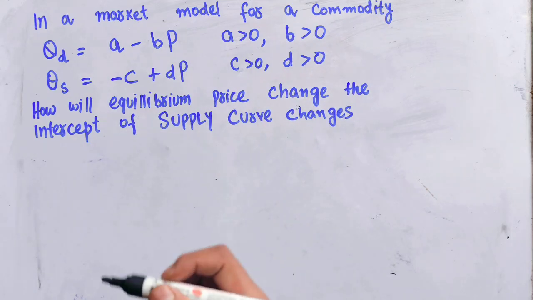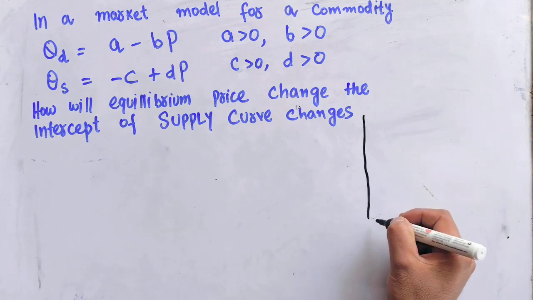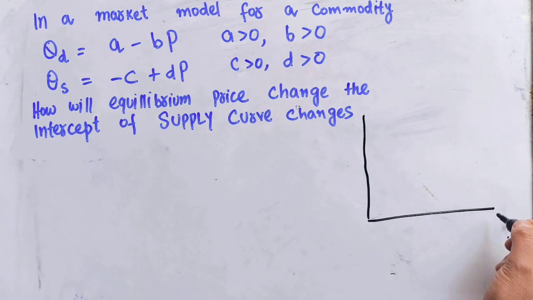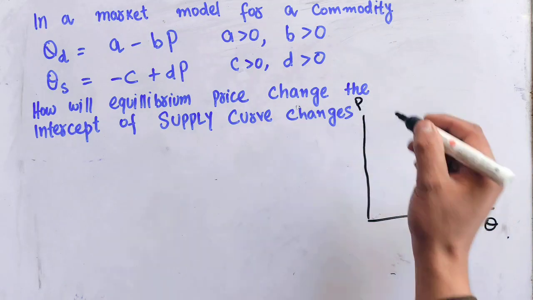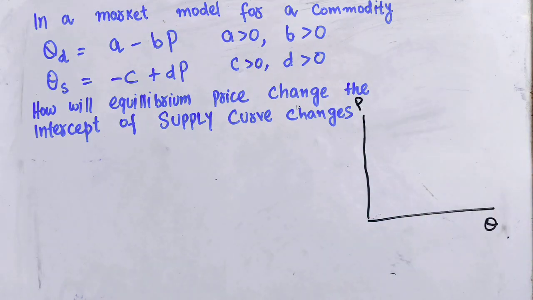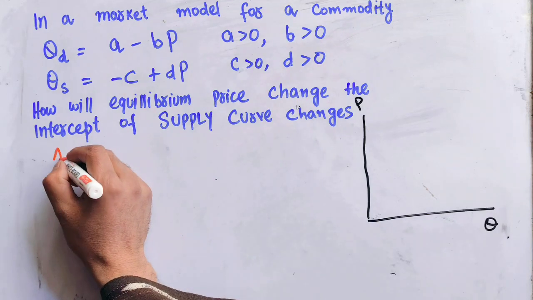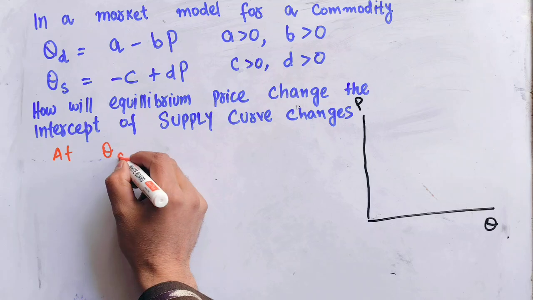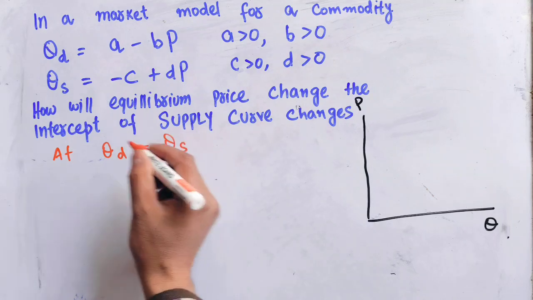If I draw the graph here, we have quantity on the horizontal axis, price on the vertical axis, and we have the supply curve and demand curve. We know that at equilibrium quantity demanded should be equal to quantity supplied. Let us solve it.